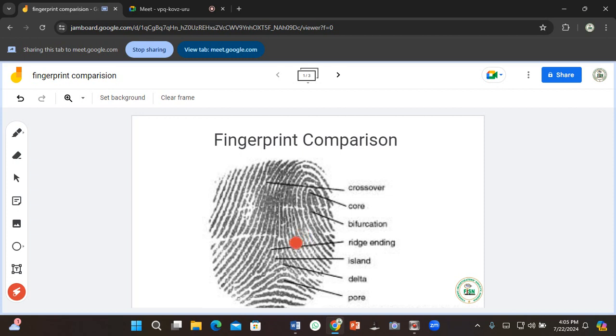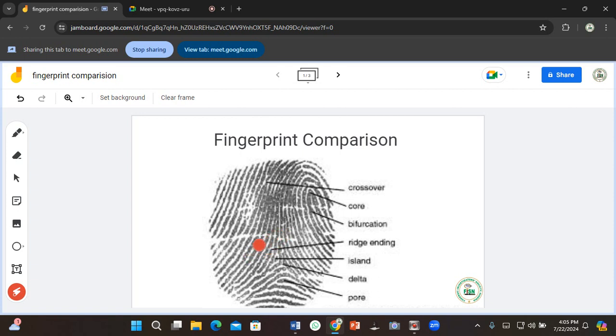At times you may have some lines like this. This line is a result of injury, a scar that has rendered the ridges separate like this. You look at it, this line separates this one and this one, this one and this one.